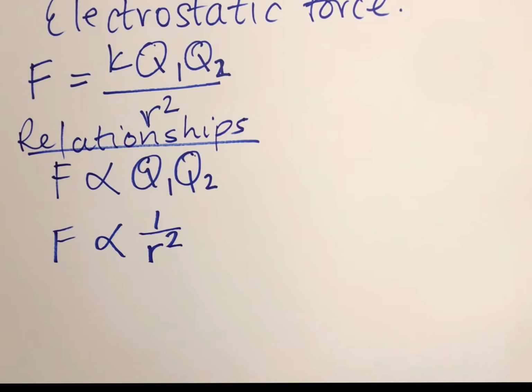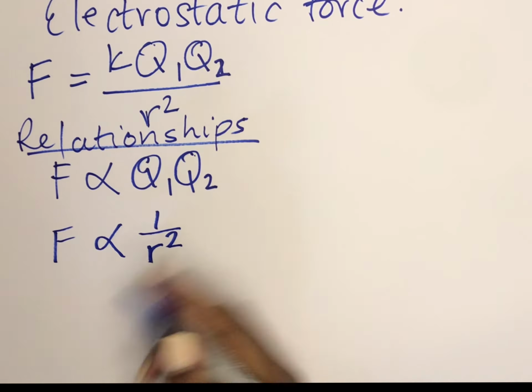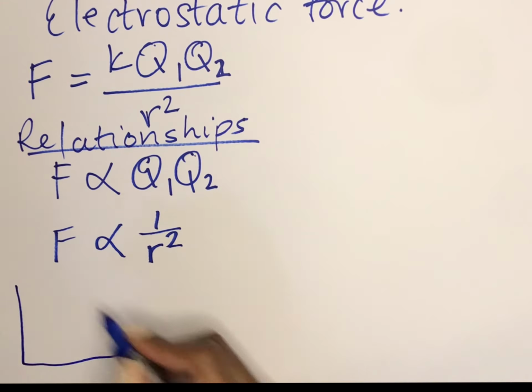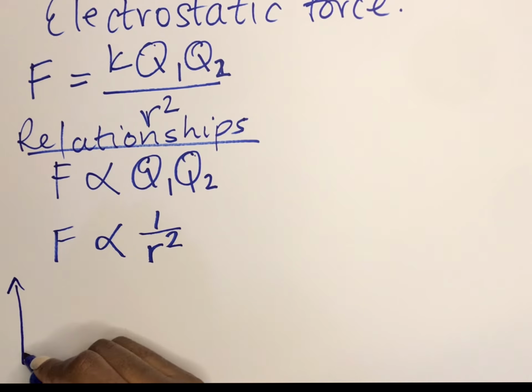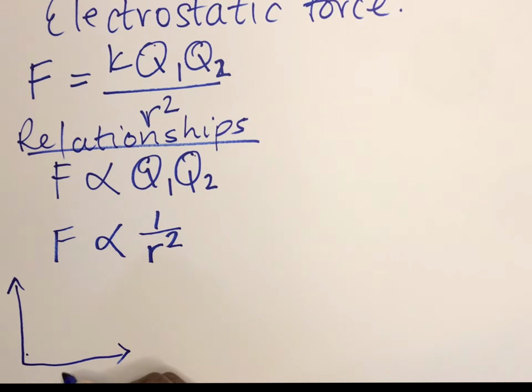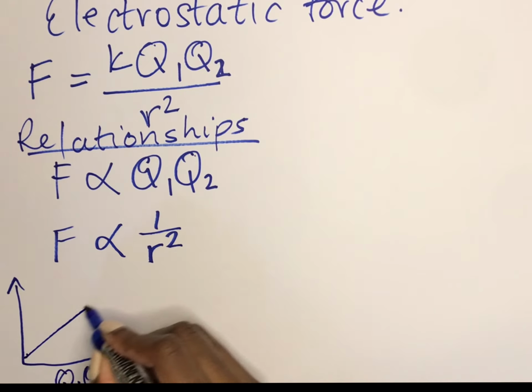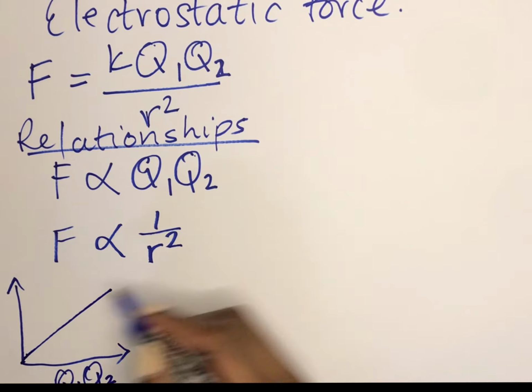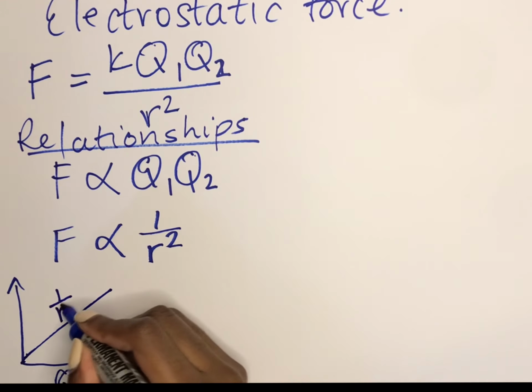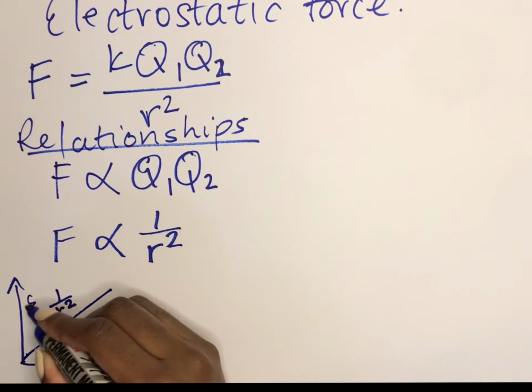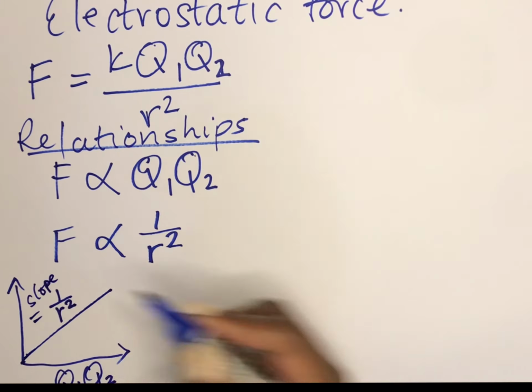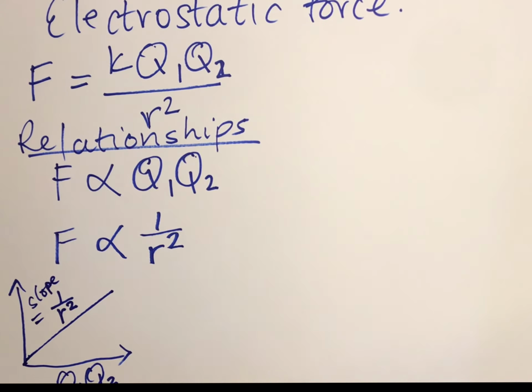From relationships, we can always draw graphs where we have a dependent and an independent variable. So for this first one, for instance, you can get a graph of F against Q1 Q2. The graph is going to be a straight line from the origin, and your gradient or slope is going to be 1 over r squared, right?